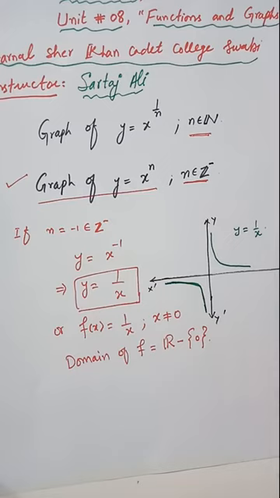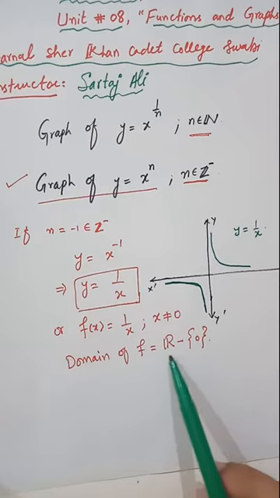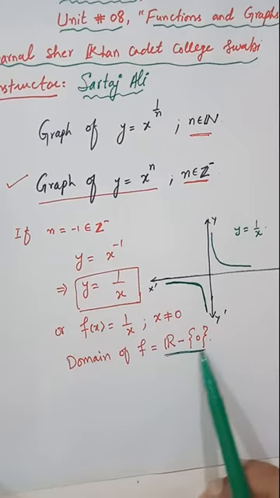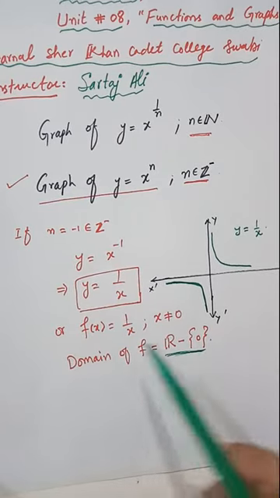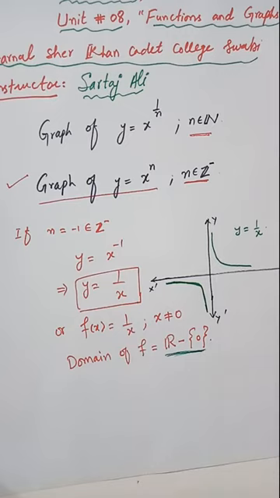You can make a table by plugging in the domain values from this set, all real numbers except 0. You will get the values in the range against those inputs. Make an ordered pair, plot that ordered pair, and draw the graph of y equals 1 by x in this fashion. Remember the shape.